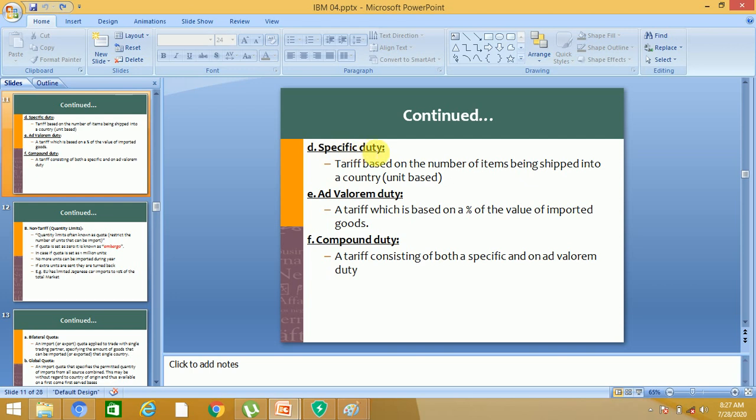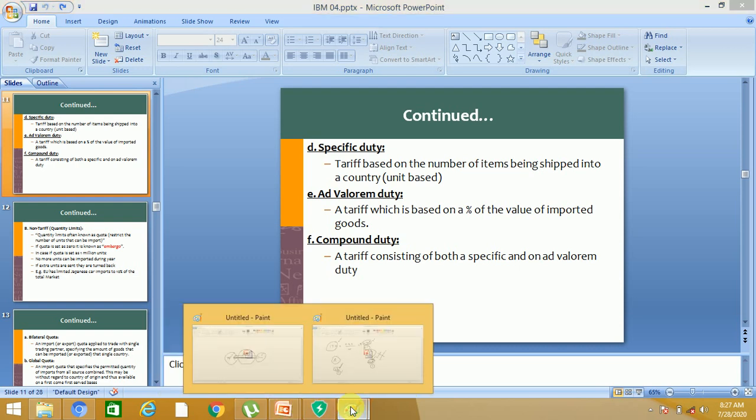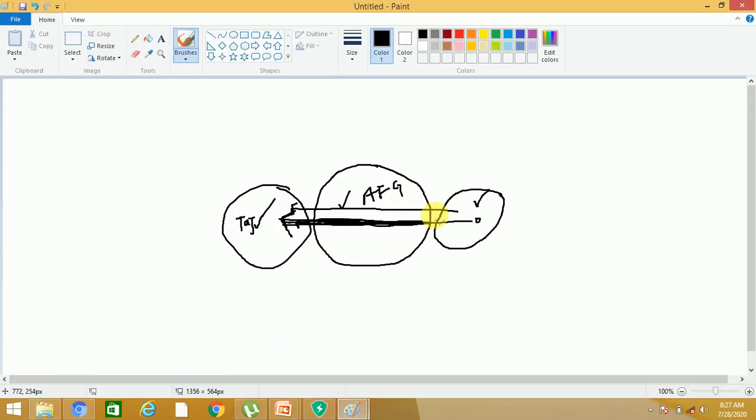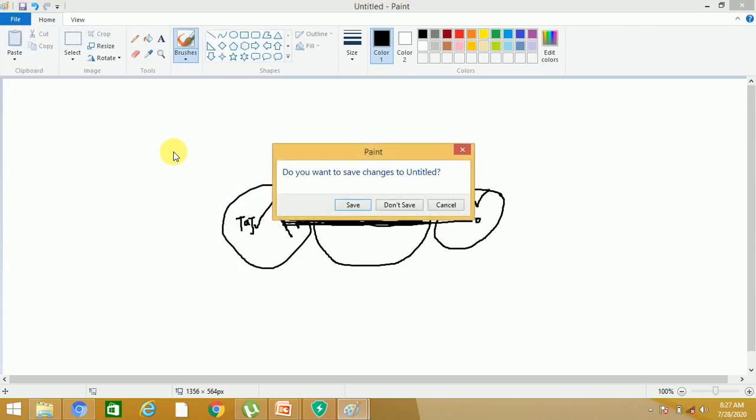Then there is a fourth type of tariff that is called specific duty, a tariff based on the number of items being shipped into a country, unit based. Unit based means on the quantity.